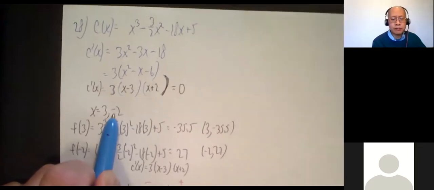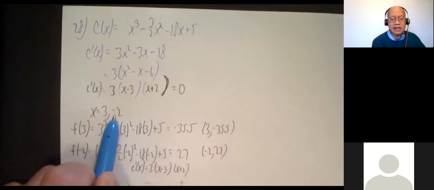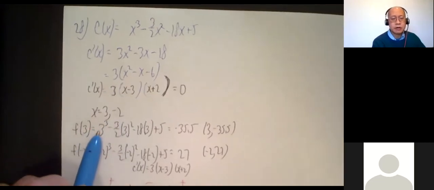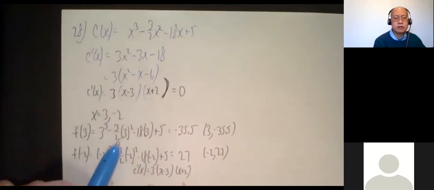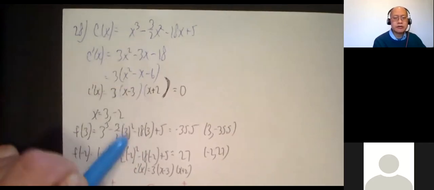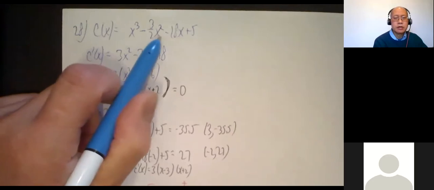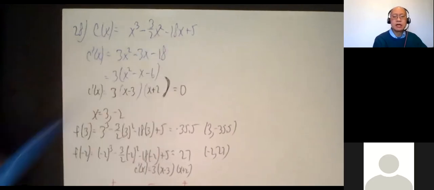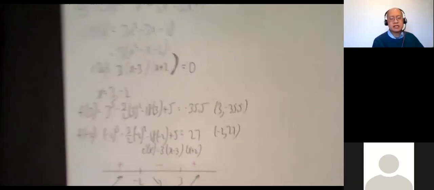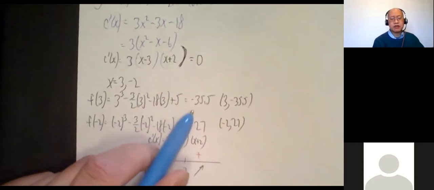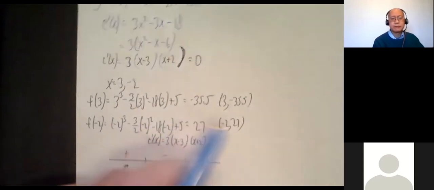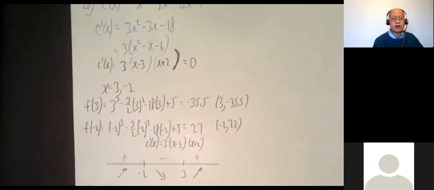All right, plug back into the original. Okay, it's messy. You have to take my word for it. But put in 3 cubed minus 3/2 of 3 squared minus 18 times 3 plus 5. To save class time, I did it already: -35.5. So 3, -35.5.